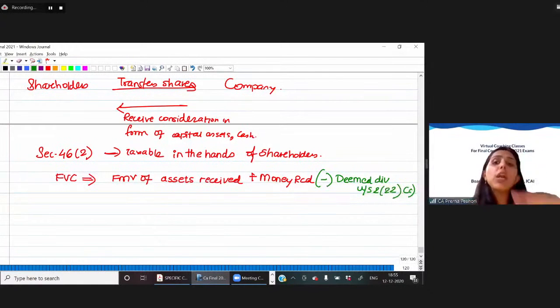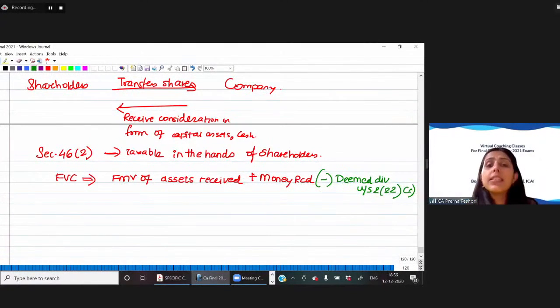So if the liquidating company distributes the capital assets to the extent of accumulated profits, that will be considered as deemed dividend. To the extent of accumulated profits, meaning to the extent of reserves and surplus with the company.